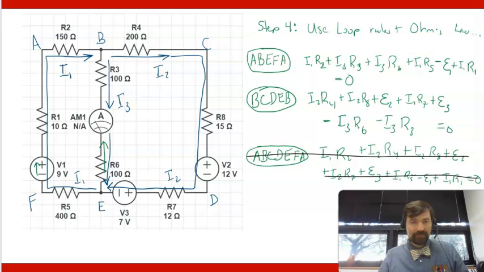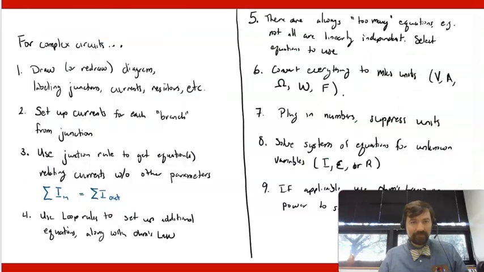So to sort of recap what all we've done, for these complex circuits, you start off by drawing or redrawing your diagram. You've got to then label all of your junctions, nodes, resistors, currents, etc. Then you set up your currents for each branch from the junction.